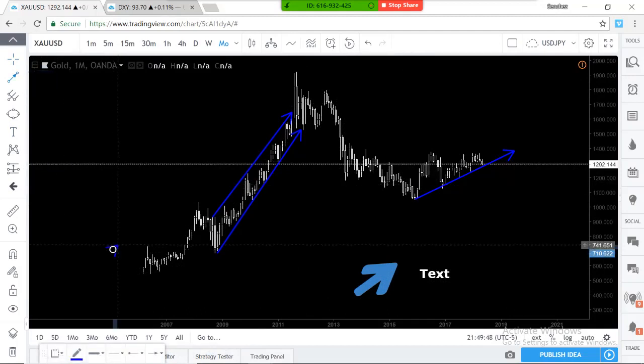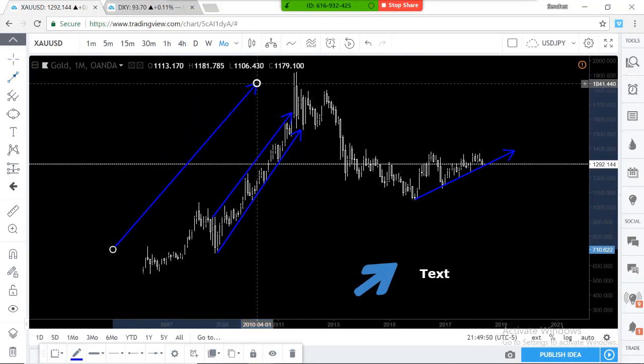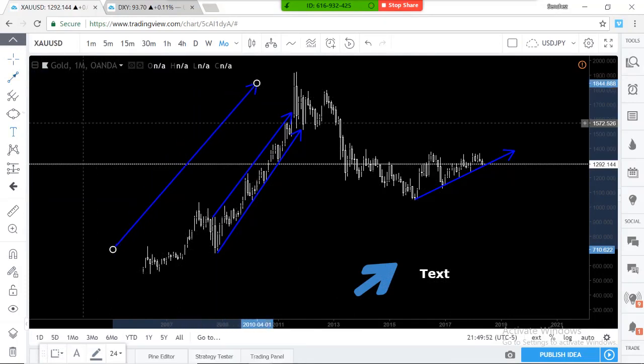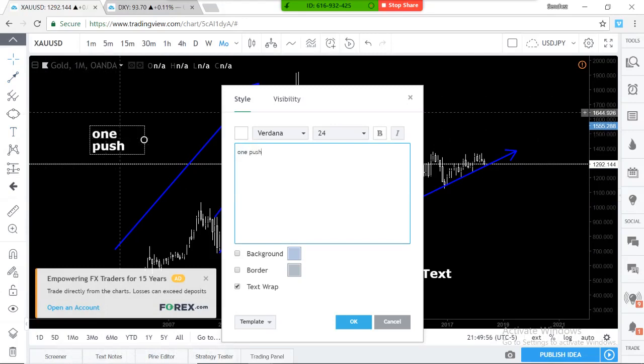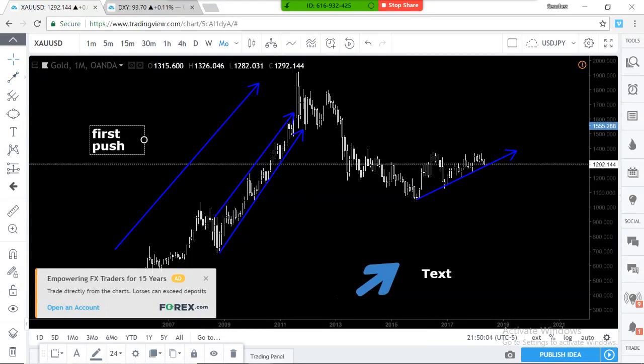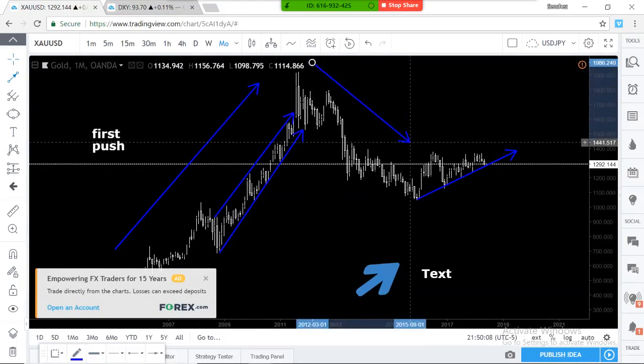So if we want to go ahead and count this like a normal trend, what do we have? An upturn. What is this? First push. One, 2, 3, baby. Yeah, you see it now, don't you? Ain't that crazy?